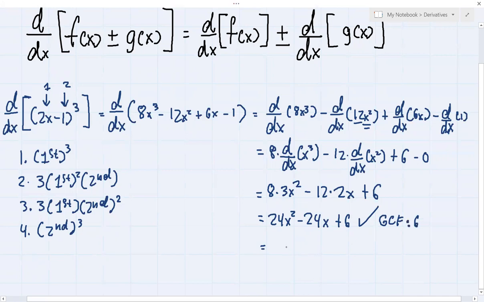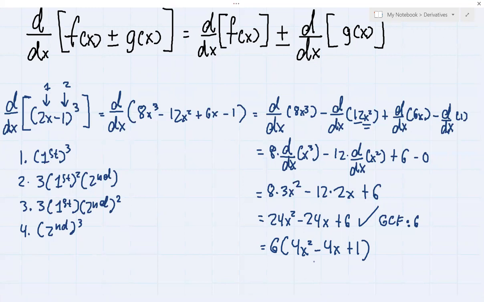Okay? So, we can factor 6 out of this expression. So, we have 6 times the quantity 4x squared minus 4x plus 1. Okay? And, I think we can simplify this further. We can. Okay? Why?